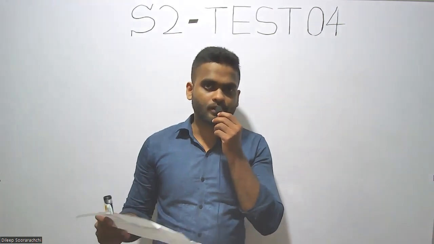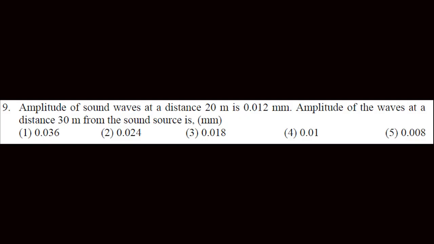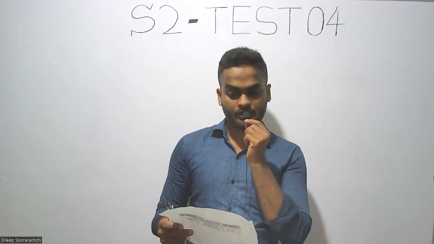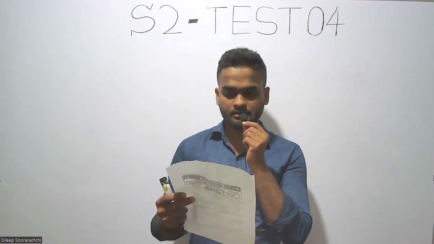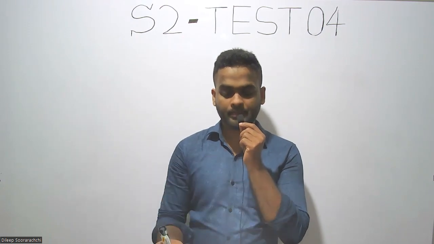Ninth question. The amplitude of sound waves at a distance of 20 meters is 0.012 millimeters. The amplitude of the waves at a distance of 30 meters from the source is. So they say at 20 meters the amplitude of the wave is 0.12 millimeters.